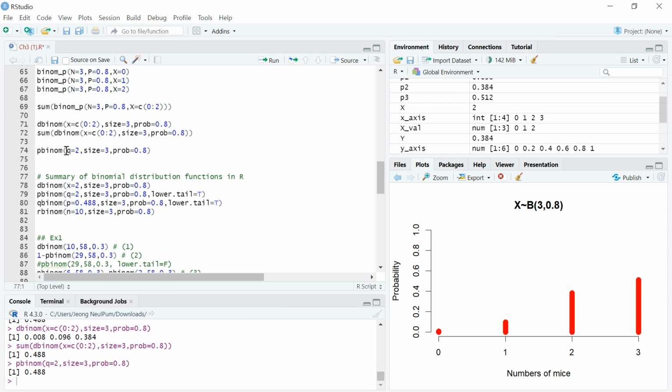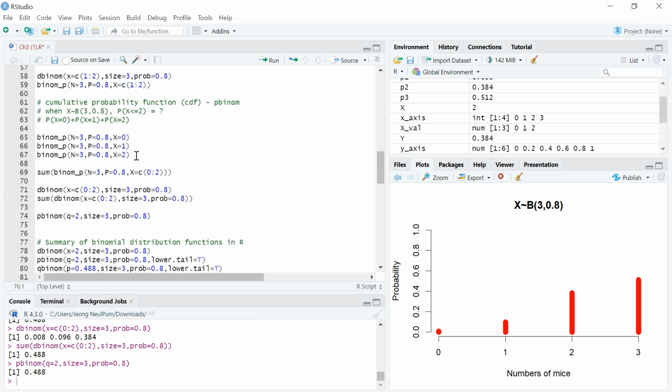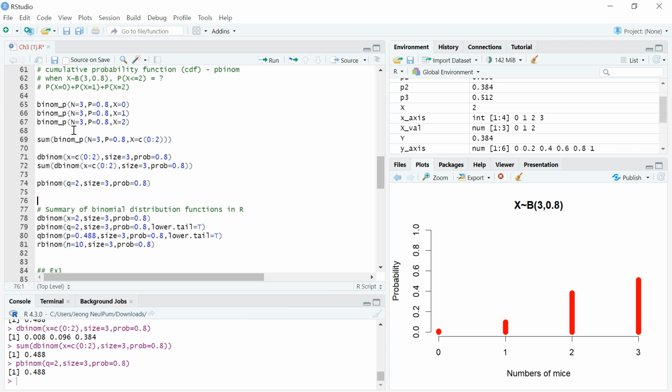With this parameter q as 2, we can also get the same value from the summation of all the values when x is from 0 to 2. So when we have to get the CDF value, it is the time that we can use the p-binomial function in our programming.